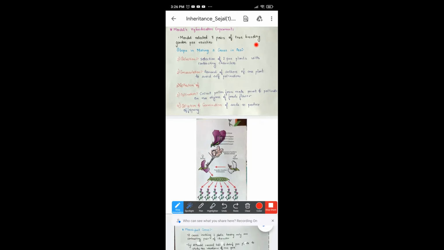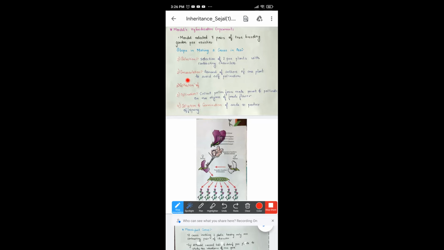We have seen the above 7 pairs. So what did he do? What steps did he take in making a cross in pea? First, selection. He selected two pea plants with contrasting traits. Means one plant may be tall and one may be dwarf. One may have violet flowers, one may have white flowers, one may have round seeds, one may have wrinkled seeds. Anything.